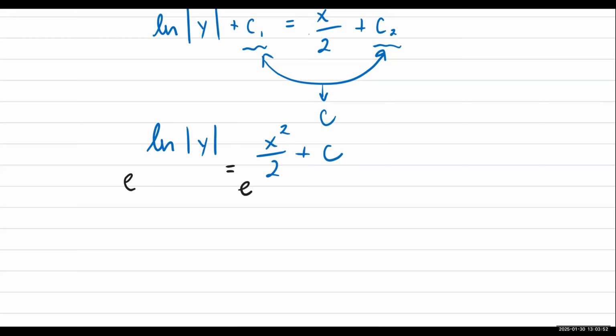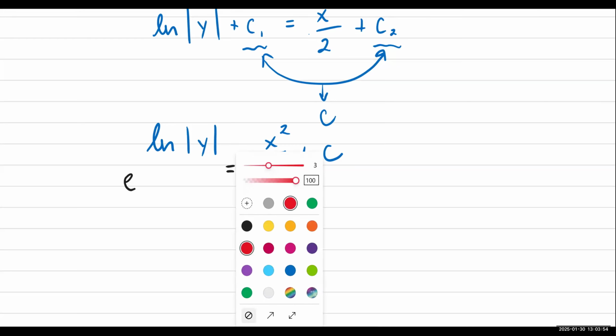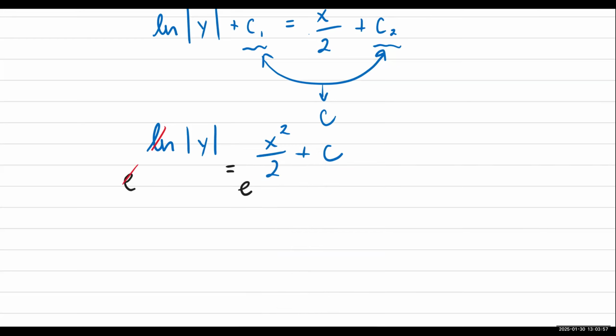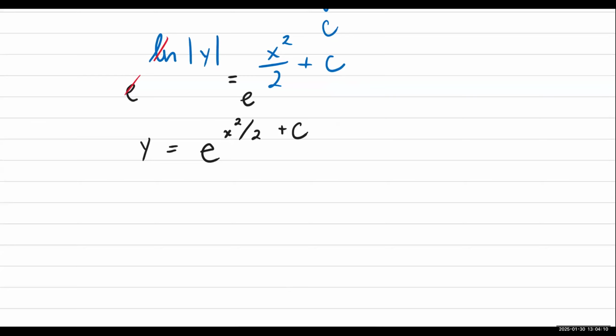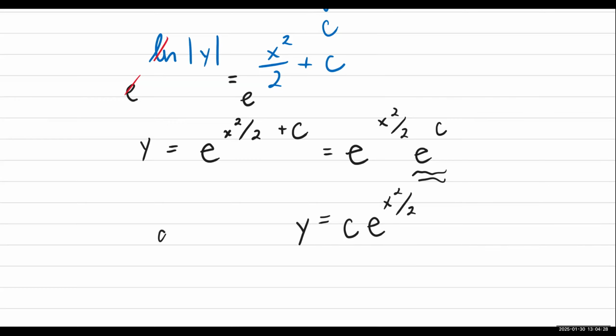It's sort of an elimination that happens here, where we can now simply write the absolute value of y or just y, because again, the other side will always be positive. And this is raised to the x squared over 2 plus c. As you know, this power rule allows us to separate the two. And this is just another constant again, so really we could simplify this more to c times e to the x squared over 2. And we have a general solution.